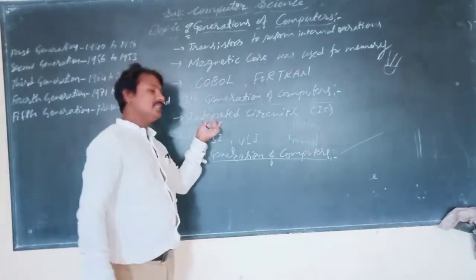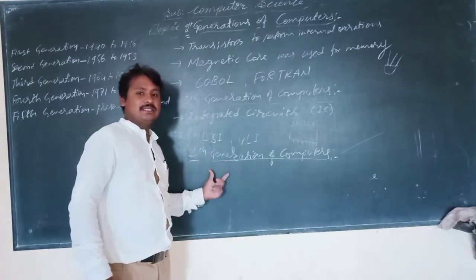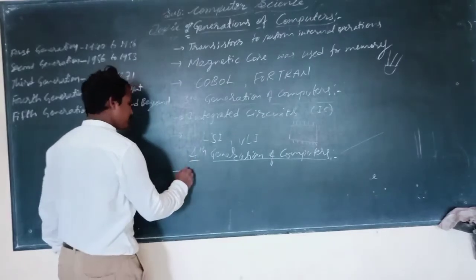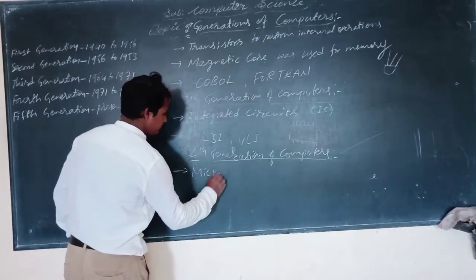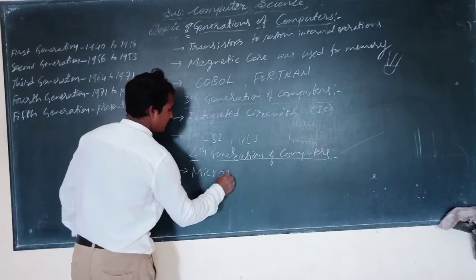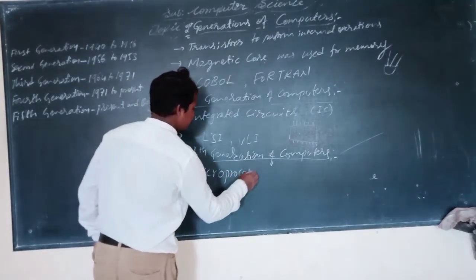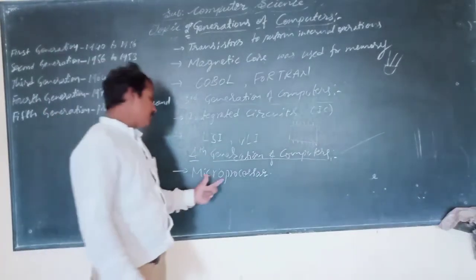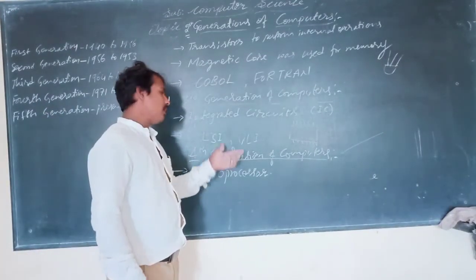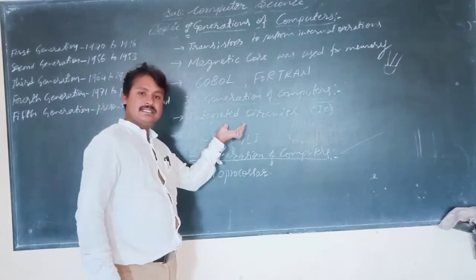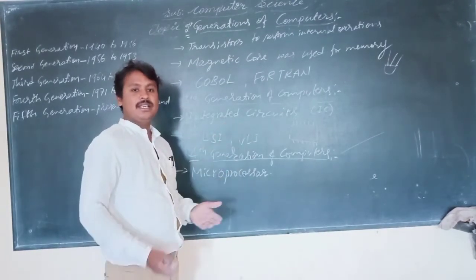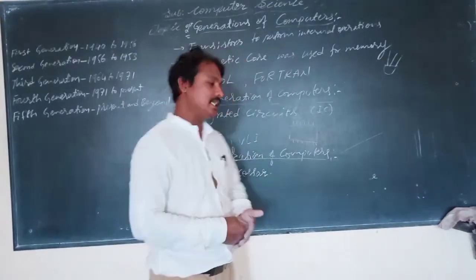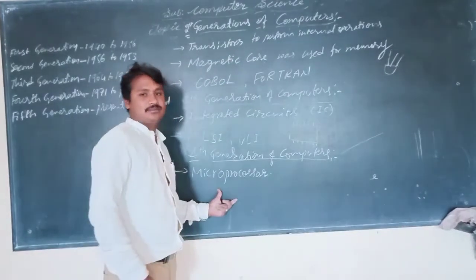Instead of using integrated circuits, in fourth generation they have used the microprocessor. Thousands of these integrated circuits made a single large chip that is known as a microprocessor.